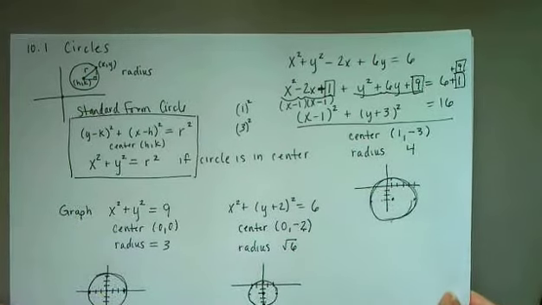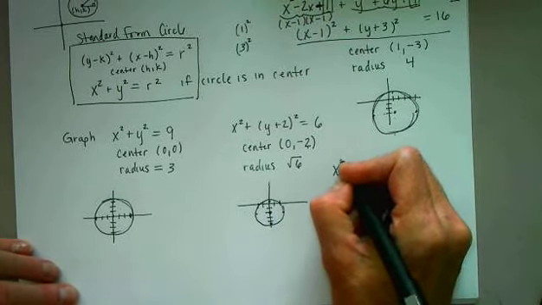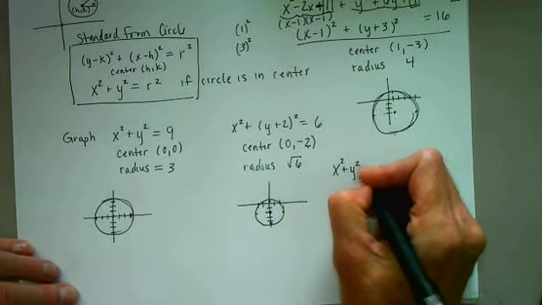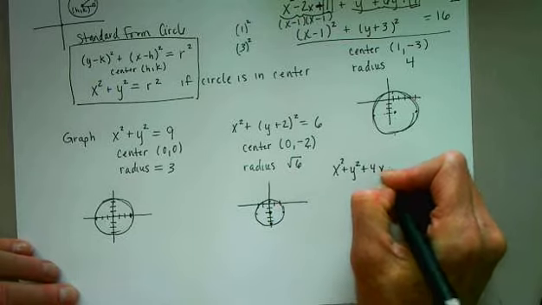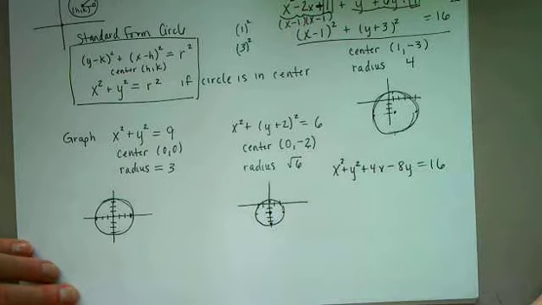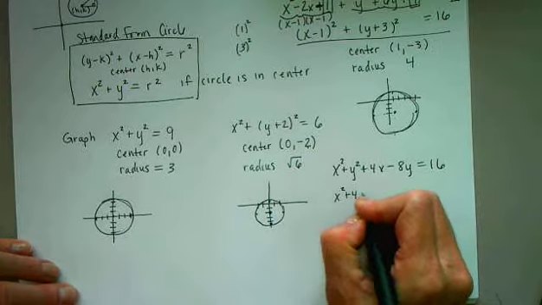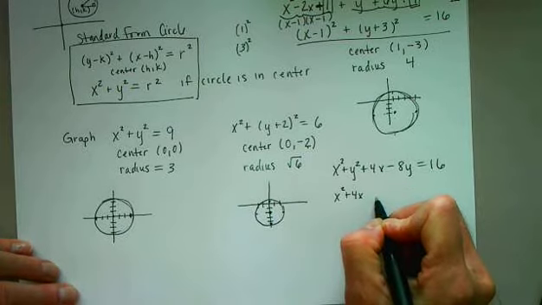Should we do one more of those? How about this one? X squared plus y squared plus 4x minus 8y equals 16. So, first step, you might remember we want to group the x's together. So just get the x's beside them and leave a blank to complete the square.